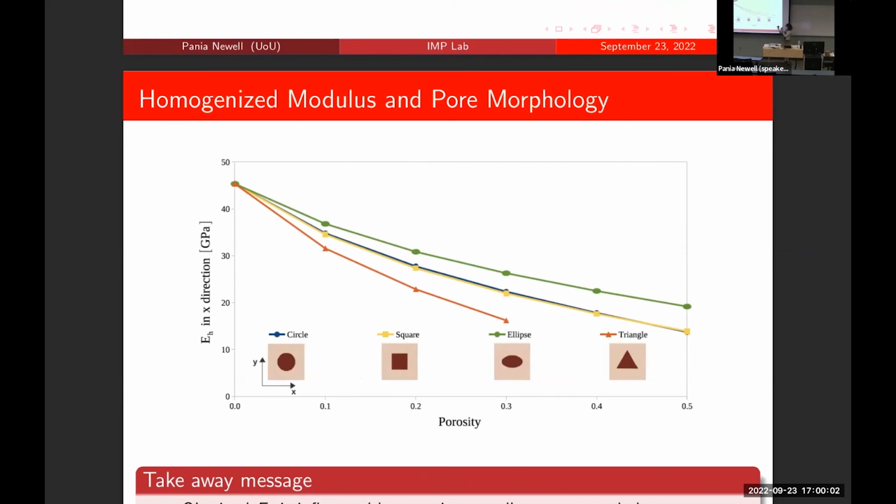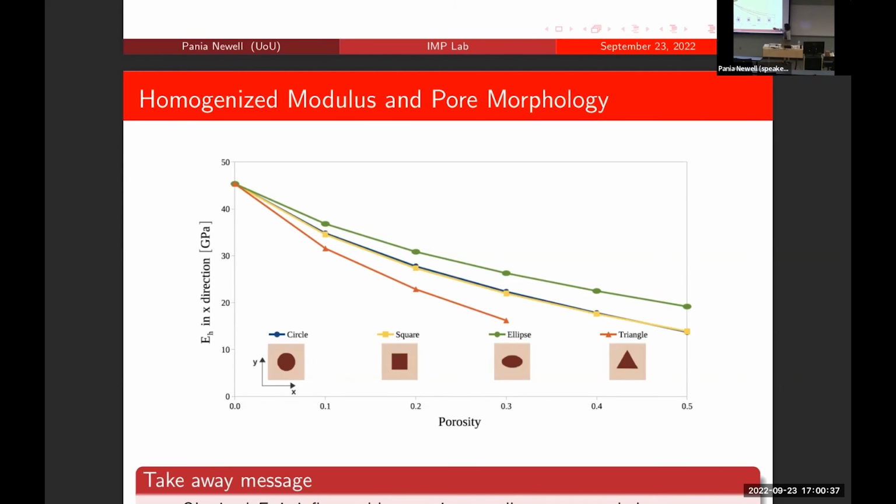When you look at the homogenized modulus for these, we changed the porosity based on the percentages common at the meso scale. You don't see much of a difference between the circular and square cases, so porosity is the dominant factor based on first order parameters. When you create ellipse and triangular pores, these two are obviously the asymmetric cases.